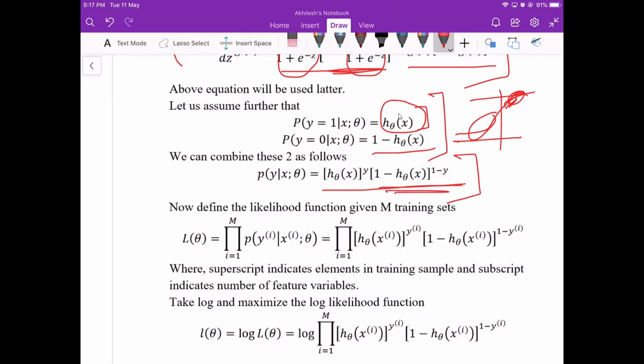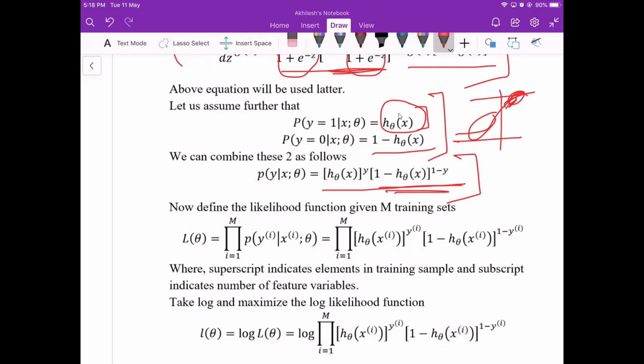Now we define the likelihood function. The likelihood function is the product of all these probabilities. That's why we need it: when we have all the instances, we multiply all the probabilities.